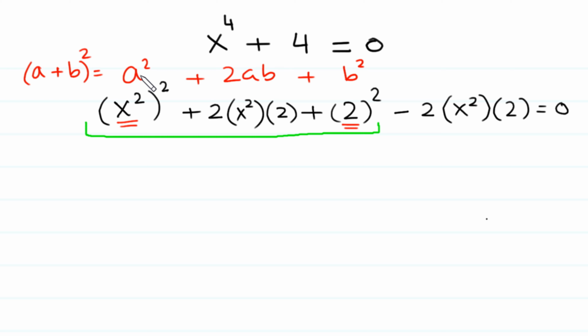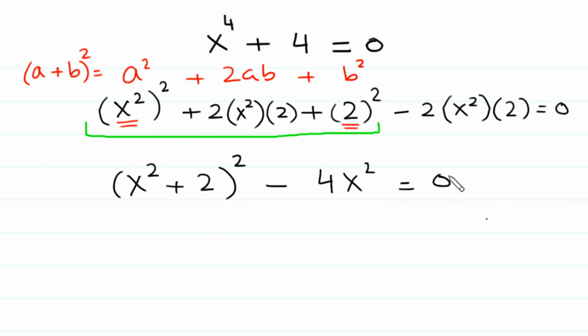Next, as a square plus 2ab plus b square is equal to a plus b whole square, in the same way, this expression can be written as x square plus 2 whole square, and this minus comes here: 2 times x square times 2, 4x square is equal to 0.